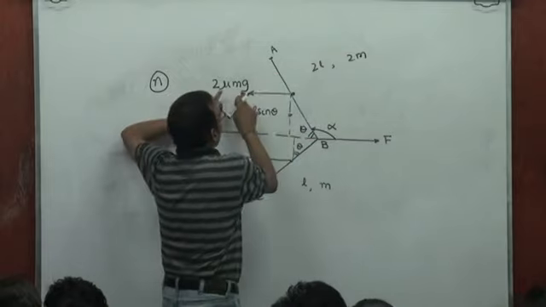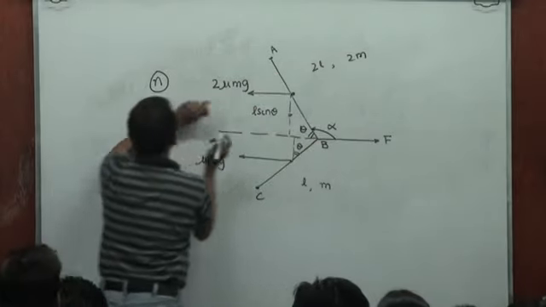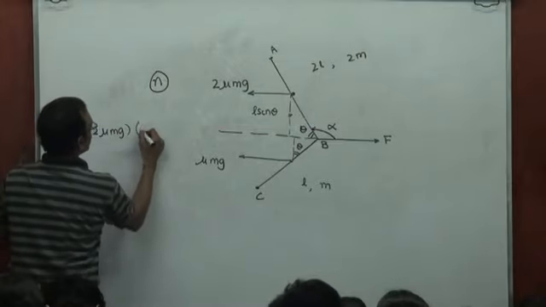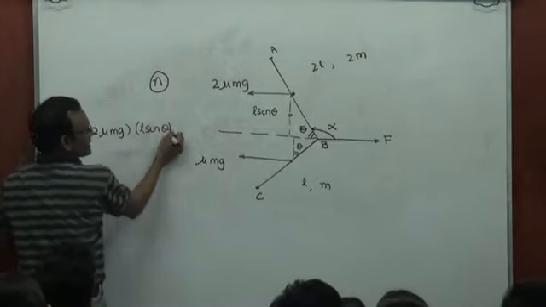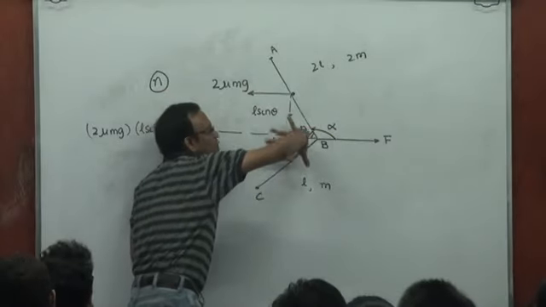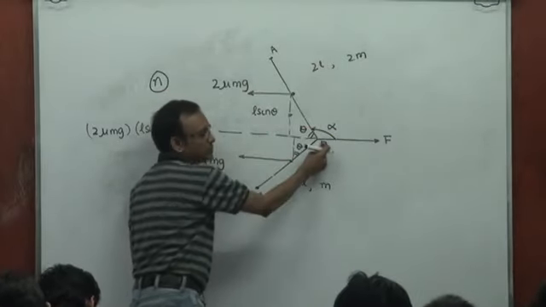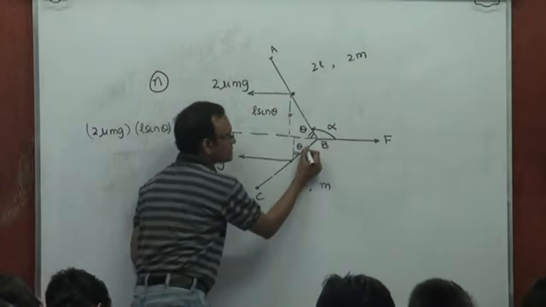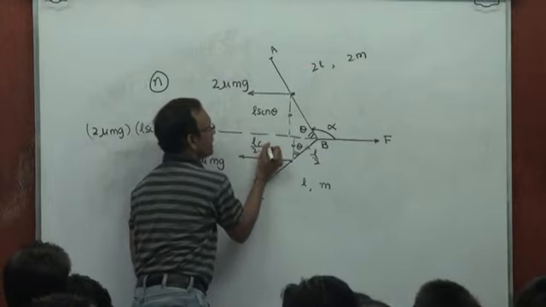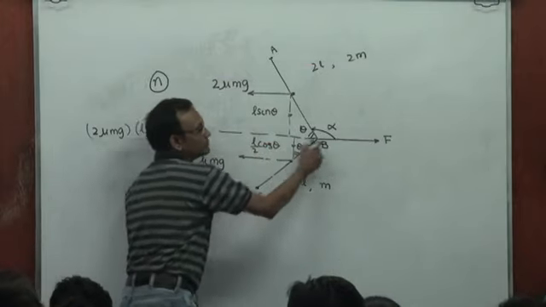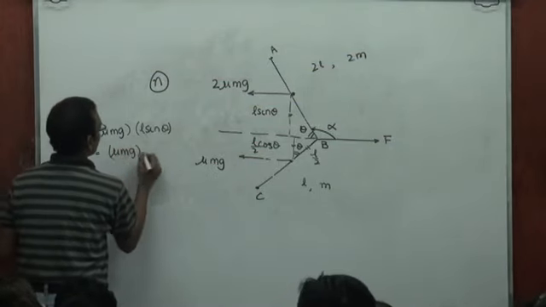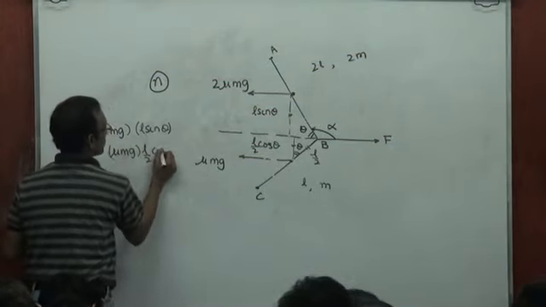And the anti-clockwise torque of 2 mu mg about B is 2 mu mg into L sine theta. Right? That's the anti-clockwise torque that 2 mu mg produces about B. And it must be countered by the clockwise torque that mu mg produces about B. Now this length is L by 2. So this length is L by 2 cos theta. And the torque of mu mg about B is mu mg into L by 2 cos theta.